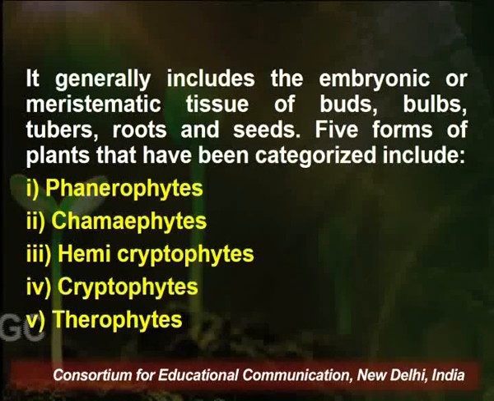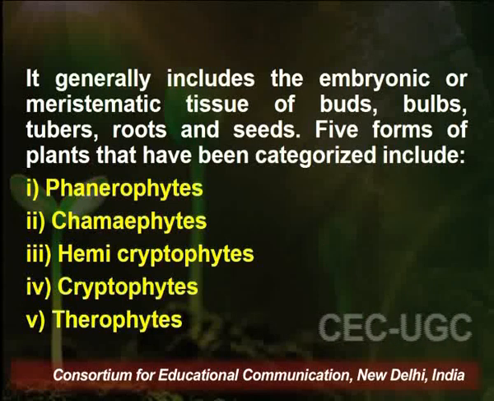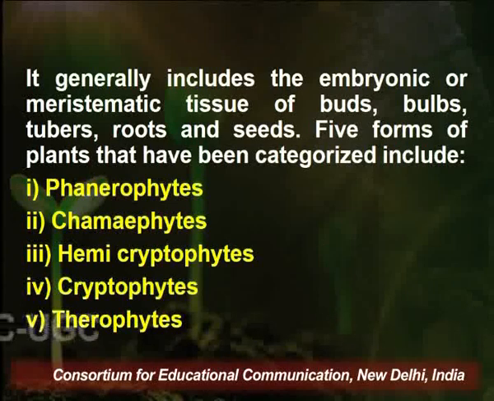The 5 forms of plants that have been characterized include phanerophytes, chamaephytes, hemicryptophytes, cryptophytes and therophytes. These are the 5 categories that were given by Raunkiaer to explain the life forms.